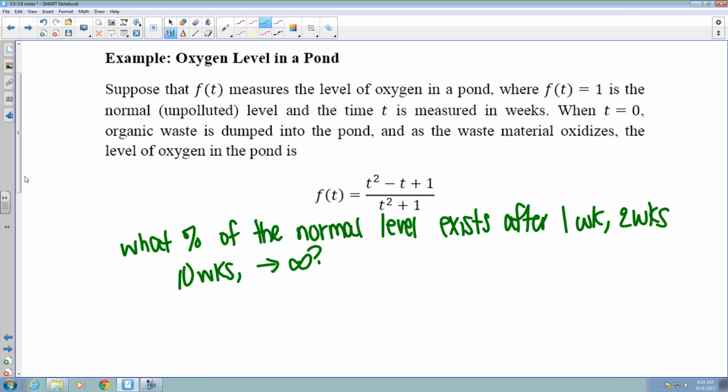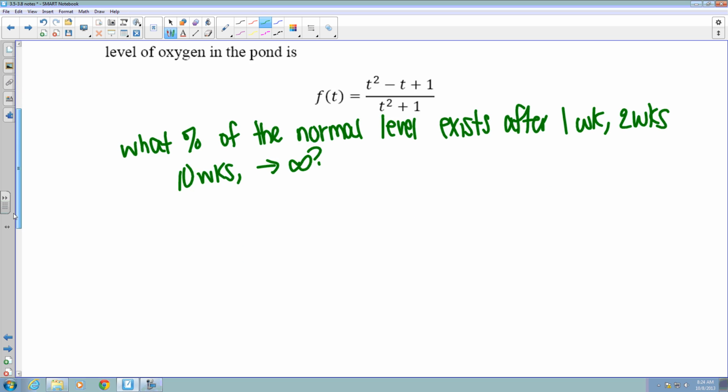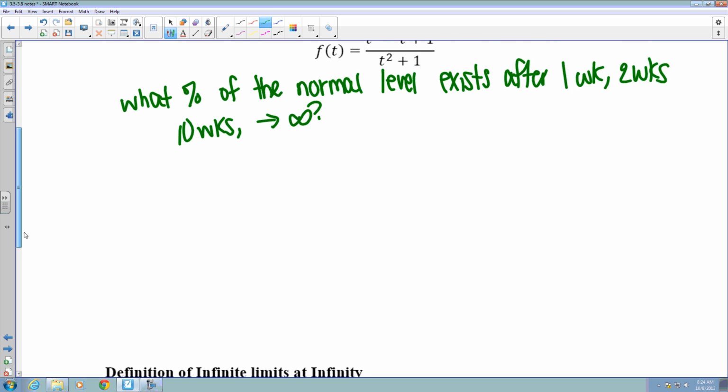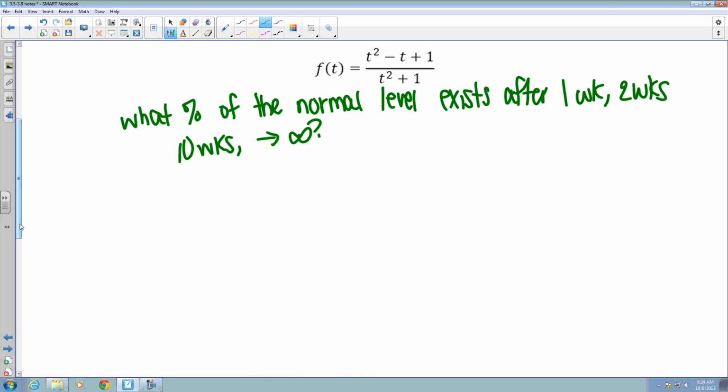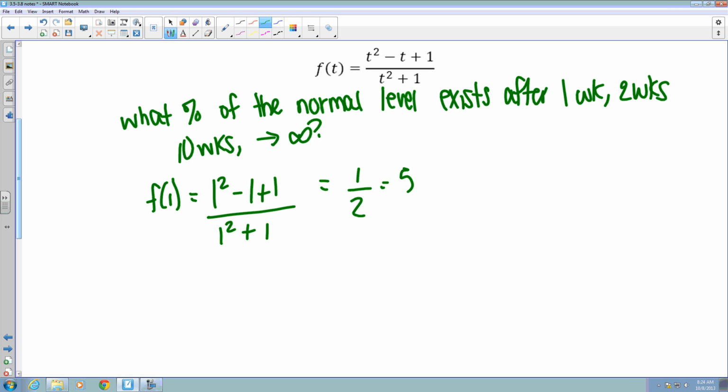So we have a few different questions in here. Essentially what you're going to do is for the first 3, 1 week, 2 weeks, and 10 weeks, you are going to plug in, since the function represents the deterioration of the normal level, we're going to just plug in those numbers. This is 1/2, which is 50% of the normal level. And just plug in 2.